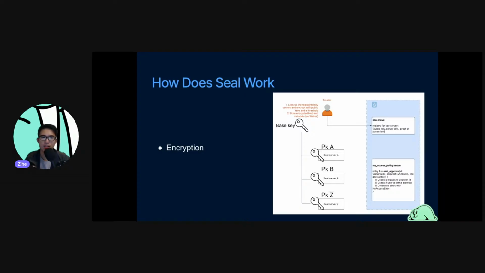The key server can only generate a decryption key if the criteria defined in the access policy are met. The content creators can then store these encrypted key shares however they want.